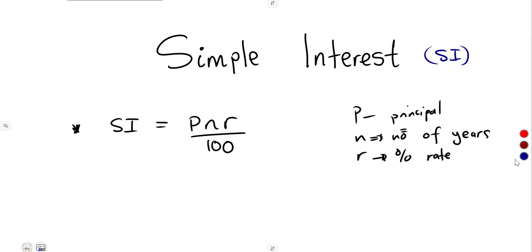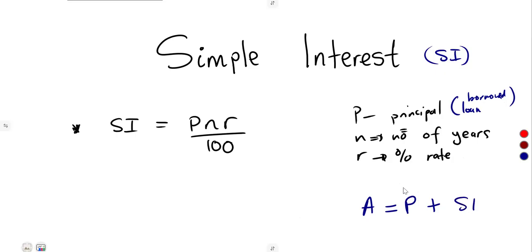Remember I said you have taken a loan, you borrowed a certain amount of money. The moment that you are to pay that money, it is A, the accumulated amount. It has increased. It is going to be the money that you borrowed, which is the loan, your principal, plus the interest, which is your simple interest.